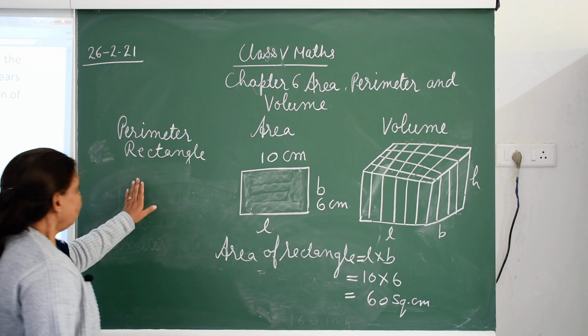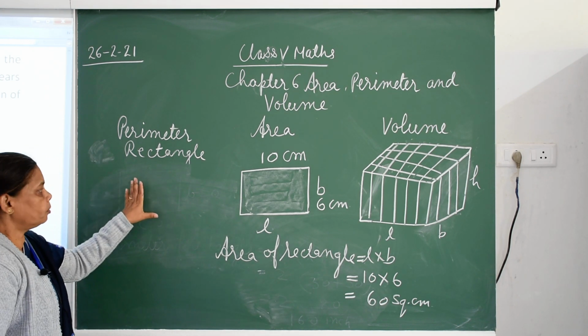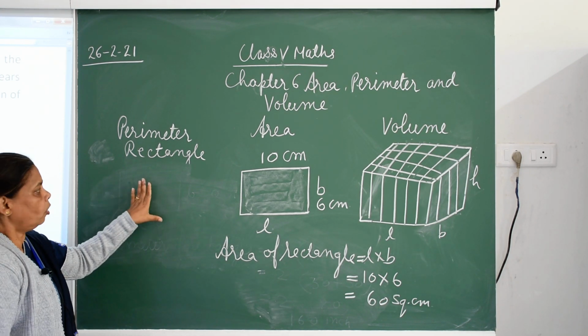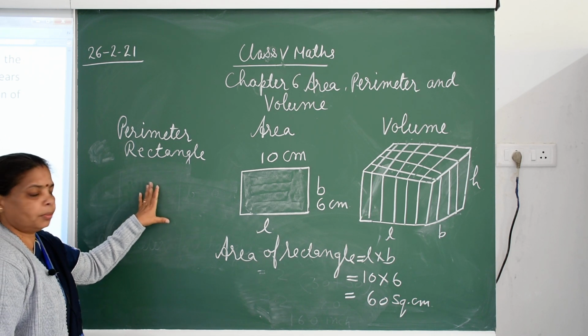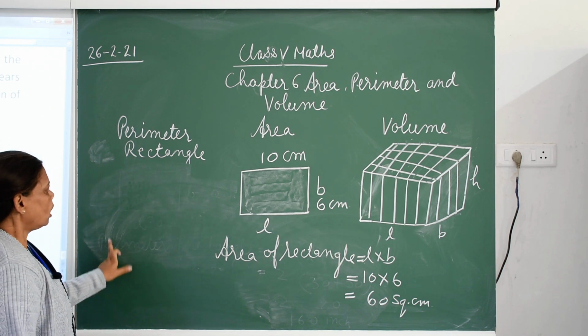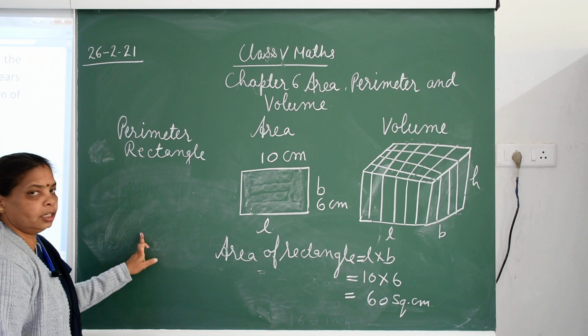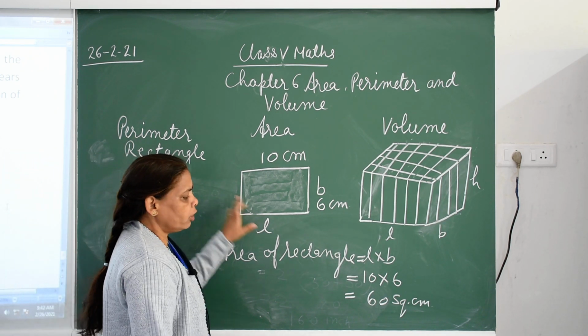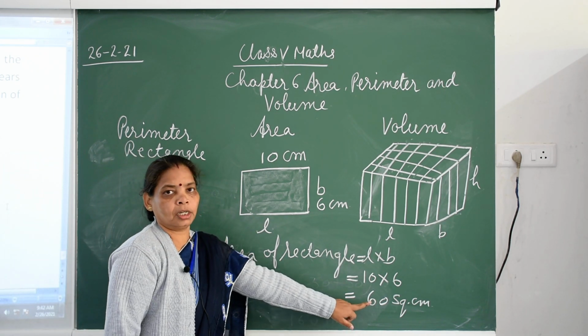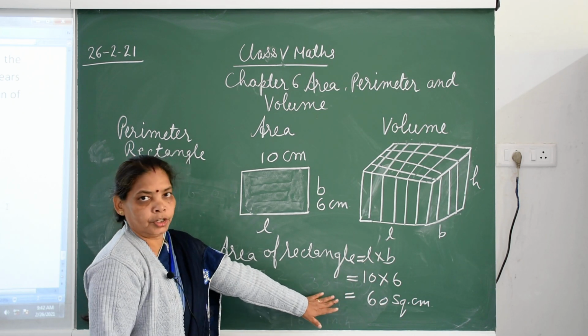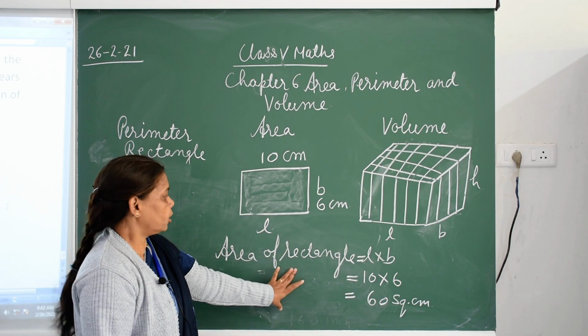So children, the unit of perimeter is meter, centimeter. Always measure in meter and centimeter, because it is the sum of all the sides of the boundary of any figure, and area is always measured in square centimeter or meter or any unit that is given in the question.